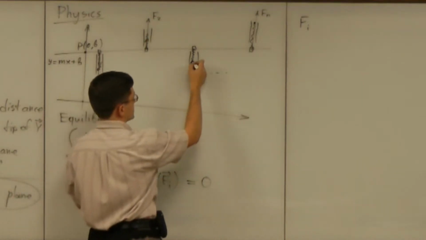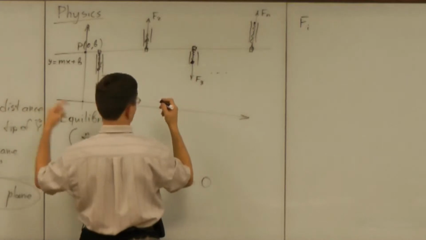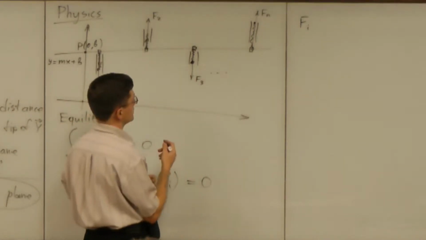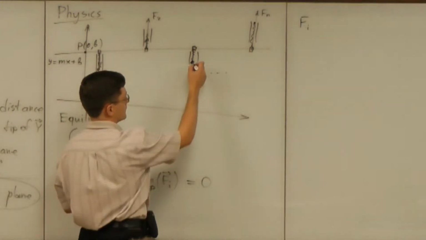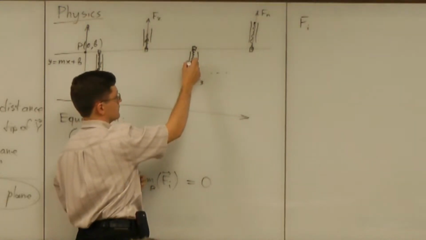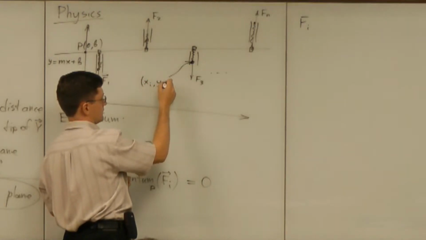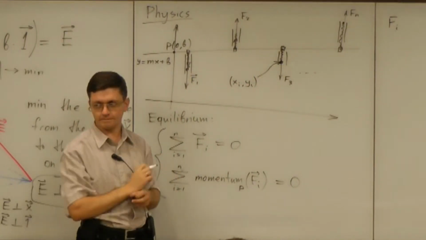And what is it here that we can relate to those x's, y's, and m and b? So the point where the nail is, the point xi, yi. Right? You know that.